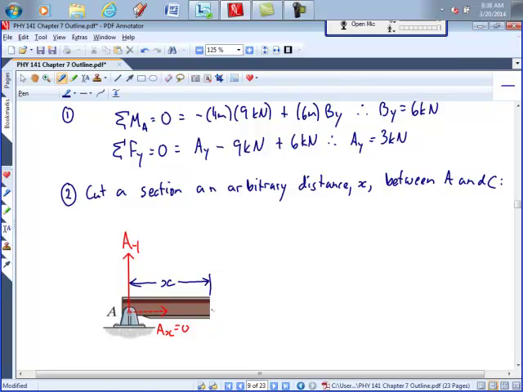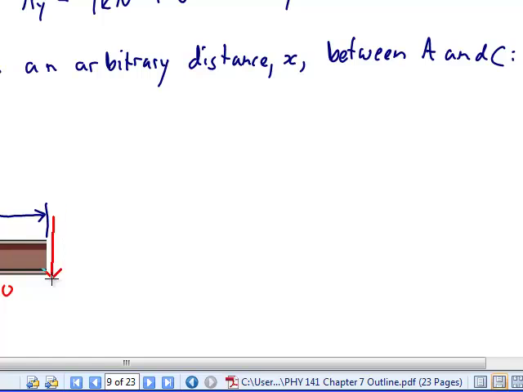At the section cut, we would have potentially a normal force, except we should be able to tell again by staring. The normal force is going to be 0. We would have a shear force. What direction should I draw the shear force in? Down. Positive shear force is down. So we'll assume it's positive, and I'm actually pretty sure that it is going to be positive.